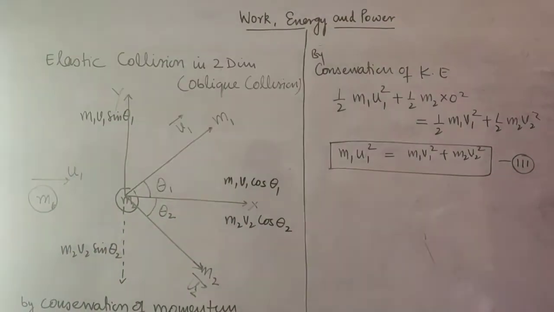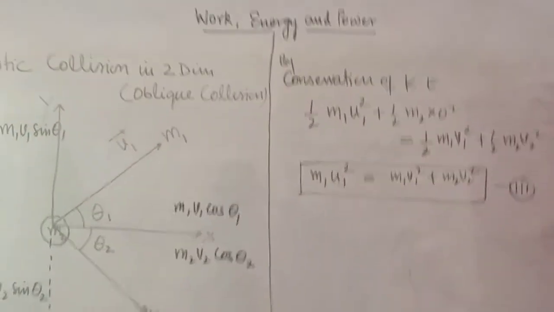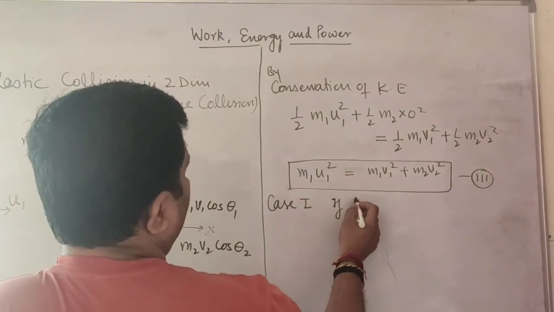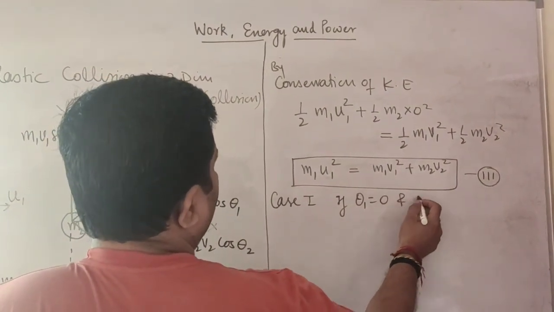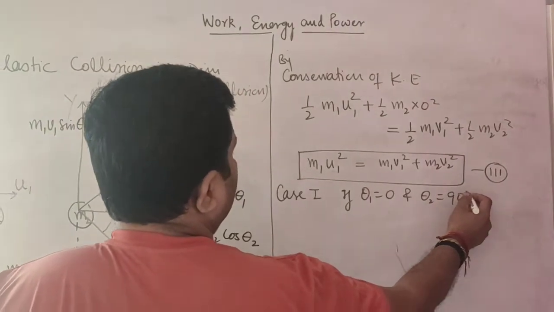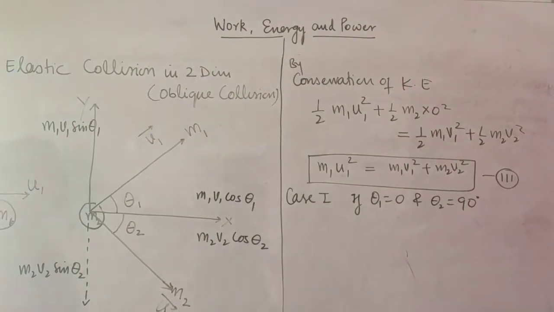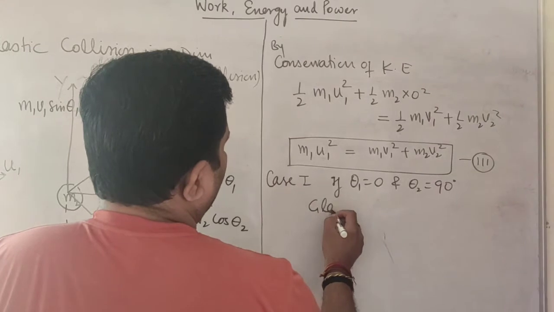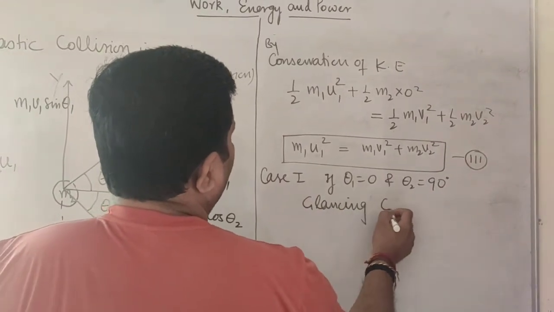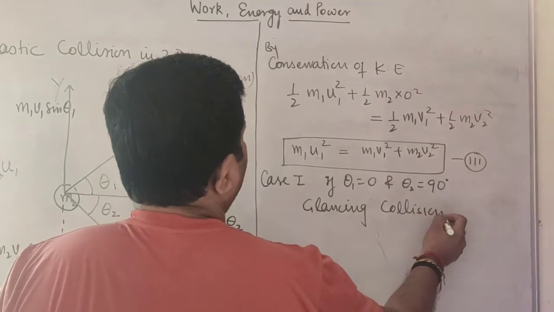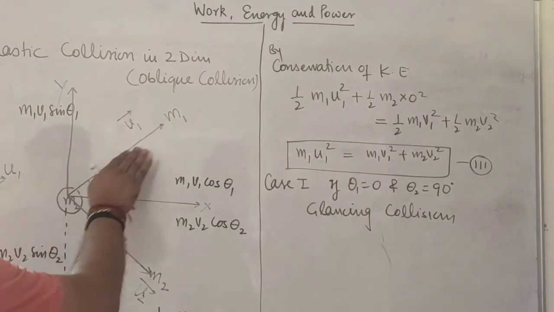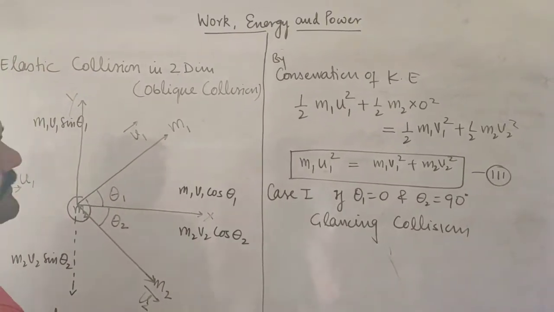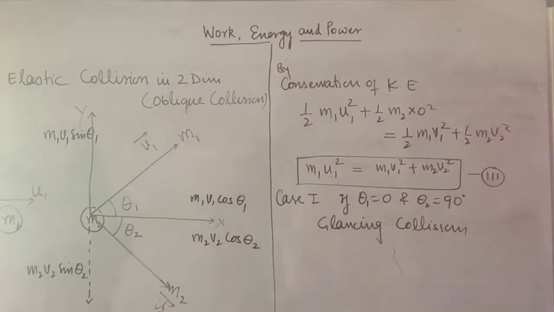Case 1: if theta 1 is 0 and theta 2 is 90, this is known as glancing collision, which means that this object will move along x-axis and this object will move perpendicular. So in this case, what will you get?